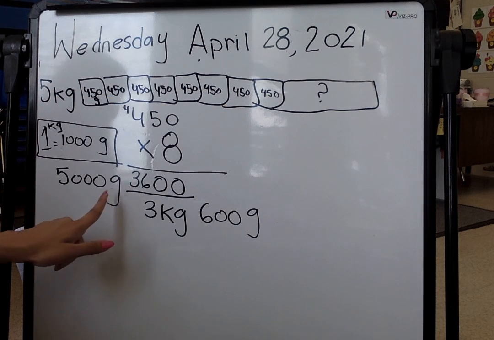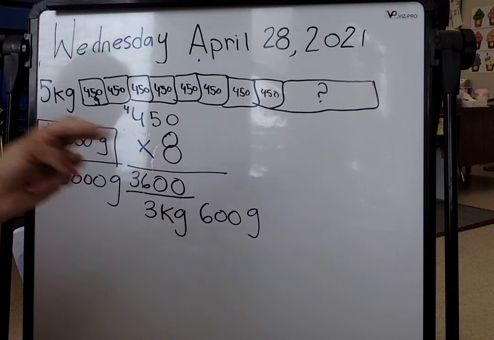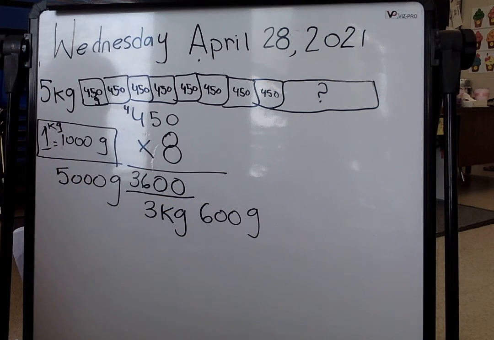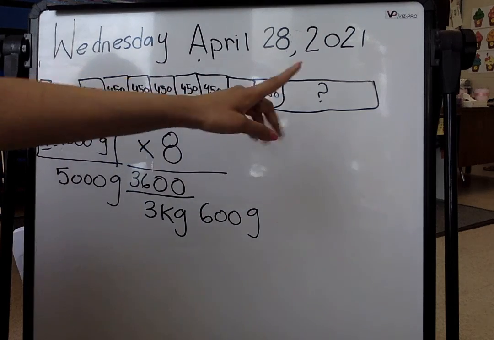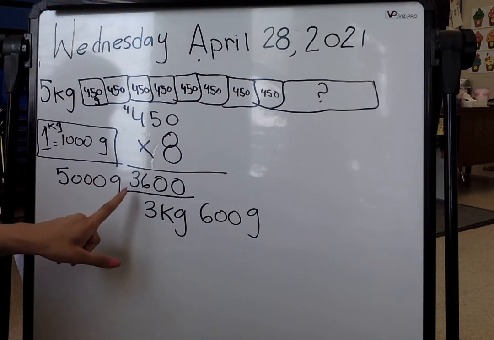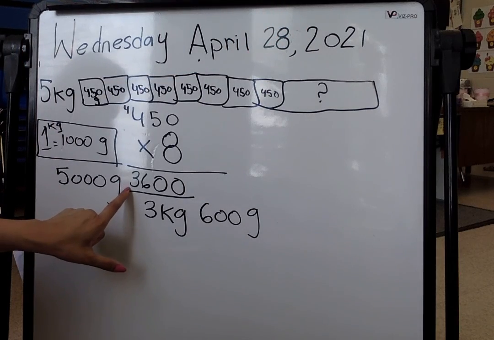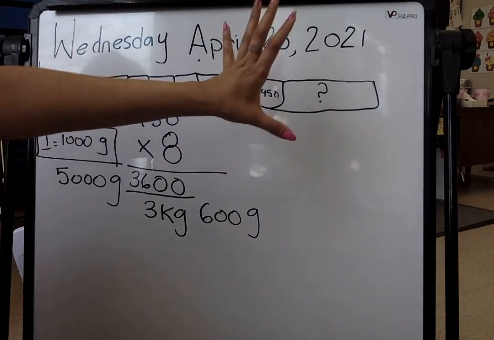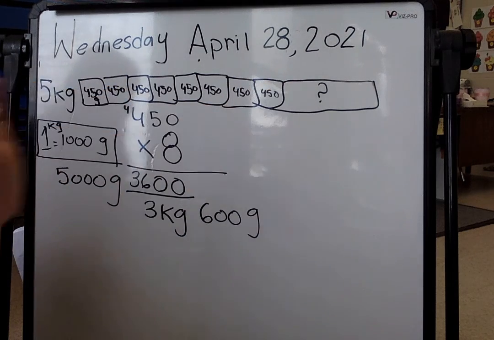Are we going to add these two numbers or subtract? If you said subtract, you are absolutely right. So part 2 of this problem is we are going to take the entire weight of the onions and the potatoes, and we're going to subtract the onions out of the entire bag, and whatever we'll be left with, that will be the weight of the potatoes.